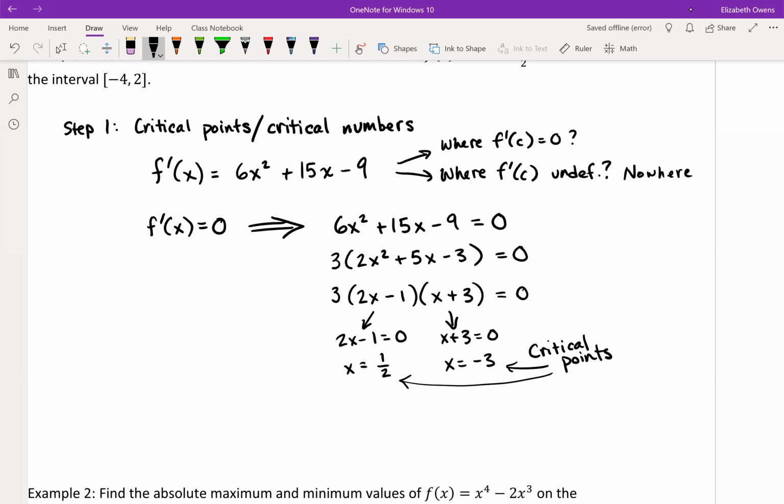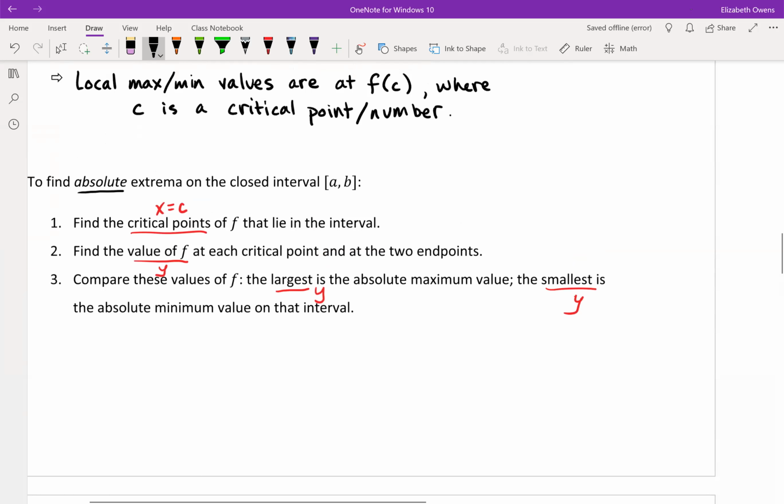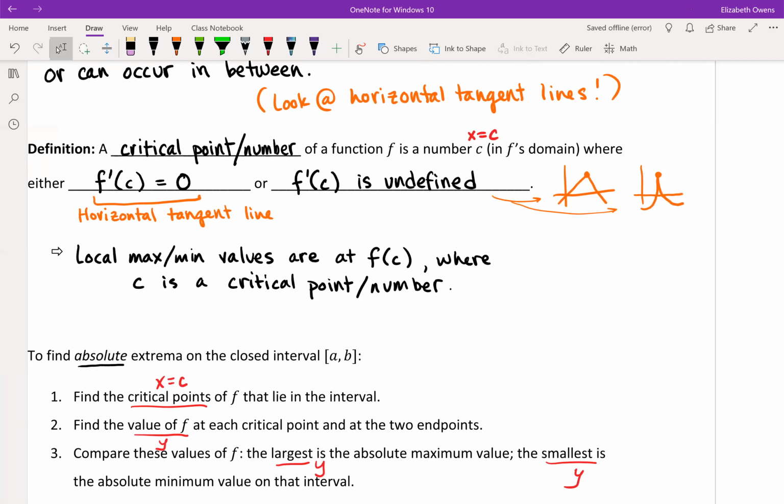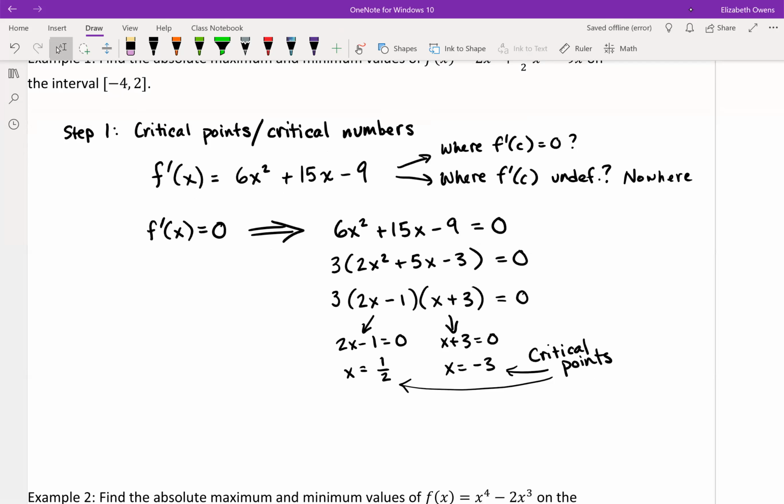That's fine too, since that's how we did it in the definition here. But you can also leave them as x. That's all right with me. We're just finding the constant value for c there. So there are our critical points.